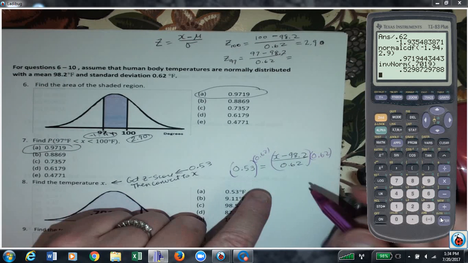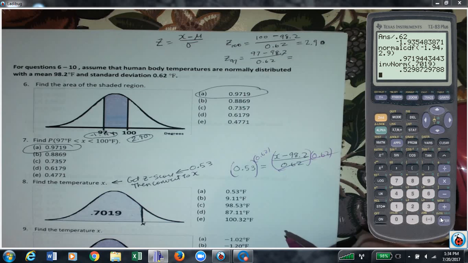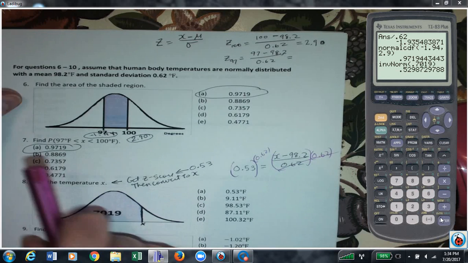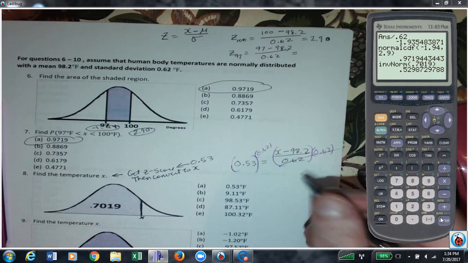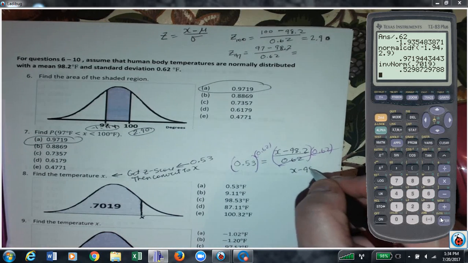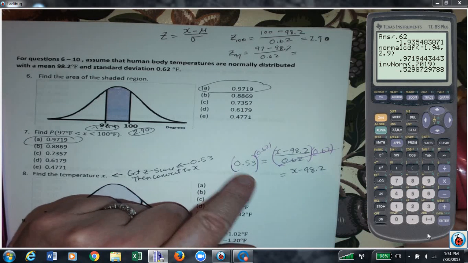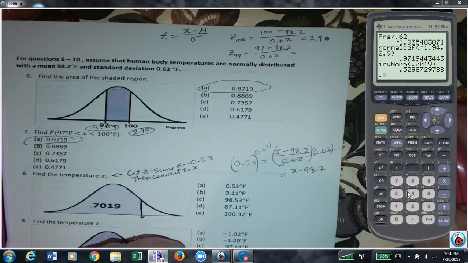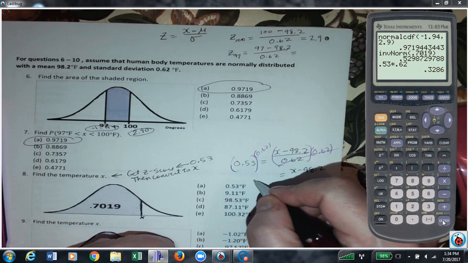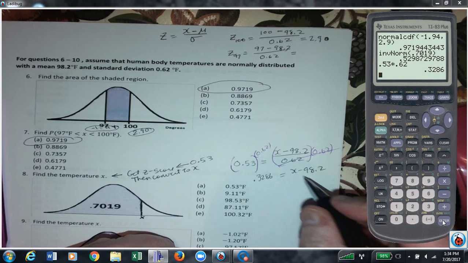So if I multiply both sides by 0.62, that cancels out. And I'm left with x minus 98.2 is equal to 0.53 times 0.62. I'm trying to find x.